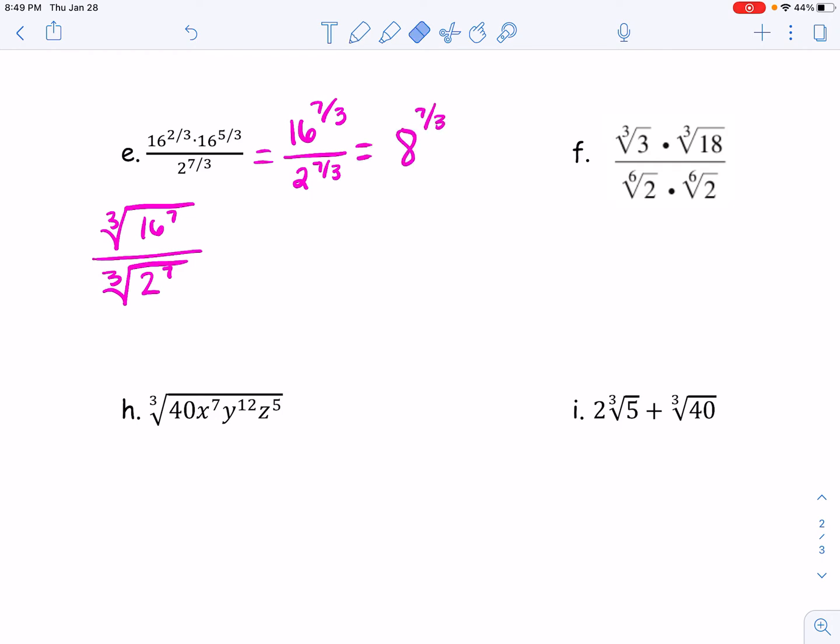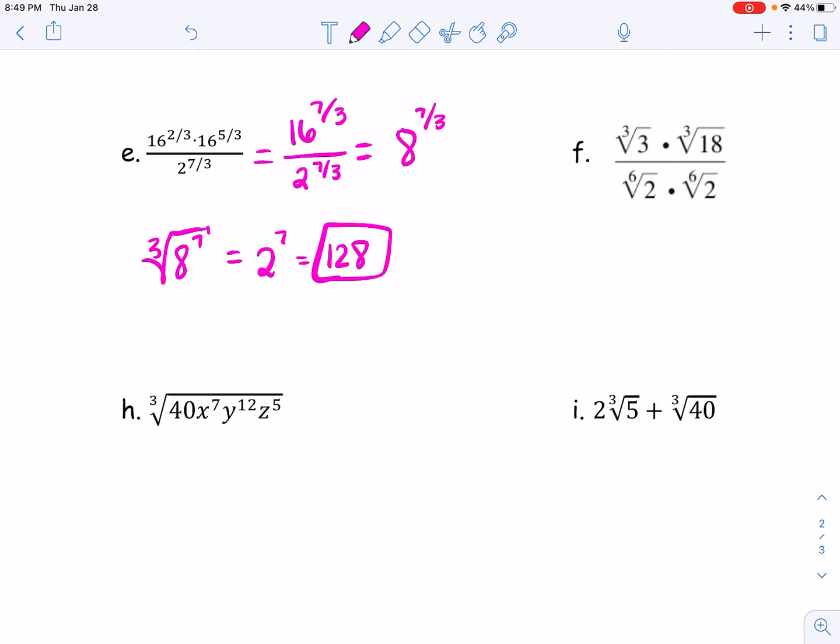Well, let's rewrite that as the cubic root of 8 to the 7th power. Think smarter, not harder. Cubic root of 8 is 2, so this is 2 to the 7th power, which I know is going to be a 128. I know that 2 to the 6th is 64, so times 2 again is going to be that 128. That's fun.